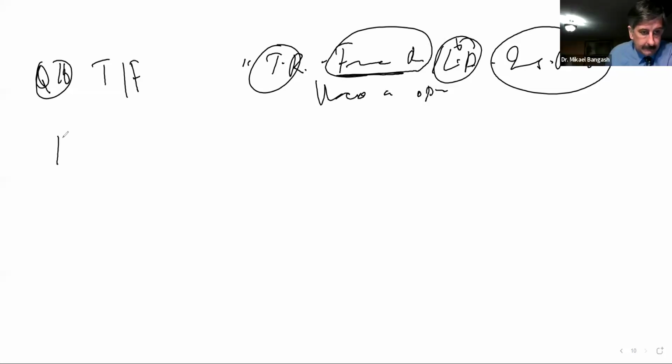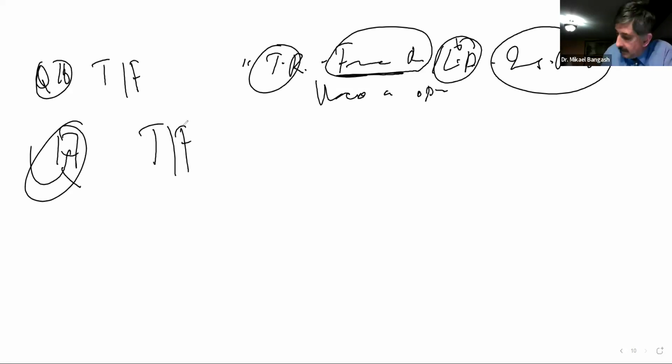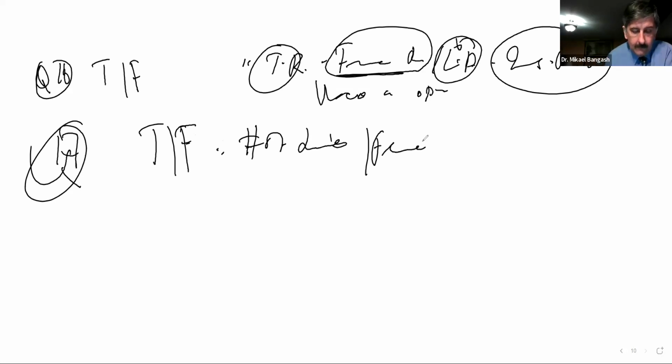Question 17. Again, true or false? So is this statement true? The number of lines per frame. Now, what would they mean by a number of lines per frame? What would this term here mean? The number of pulses per frame.